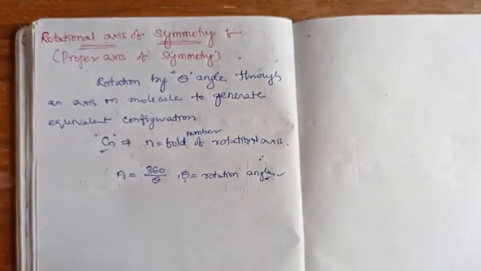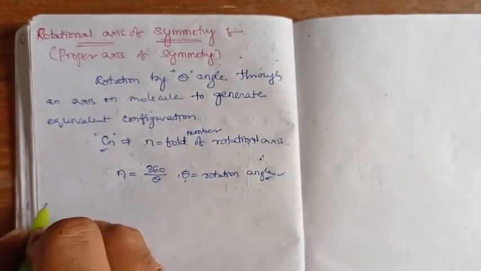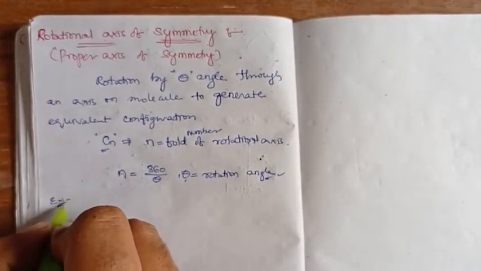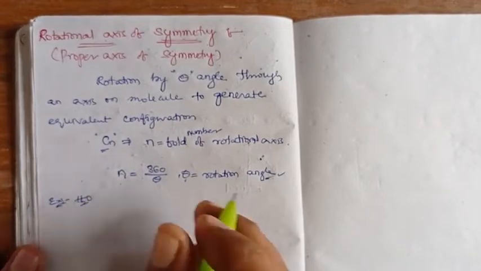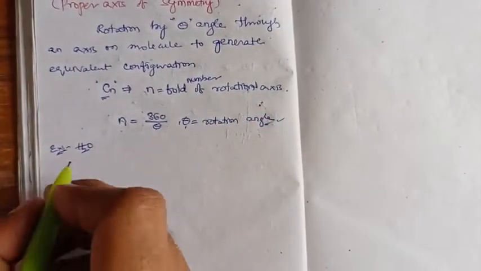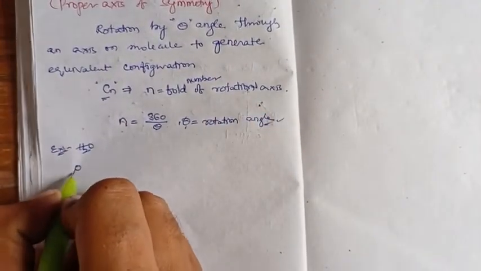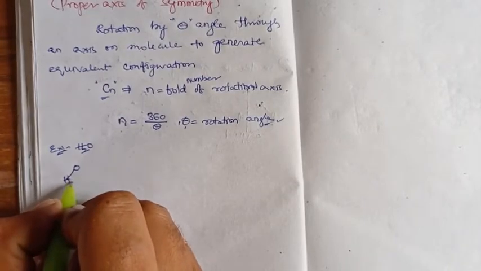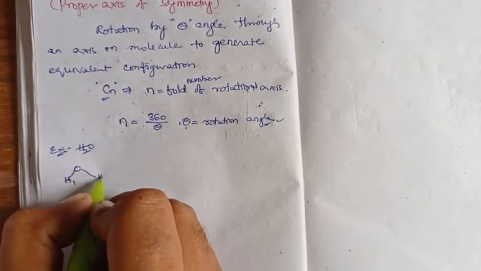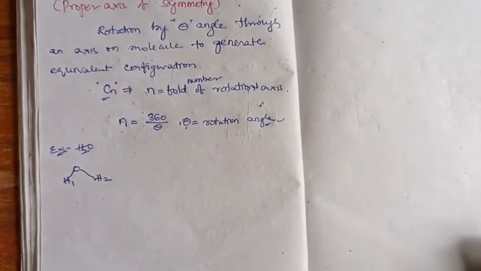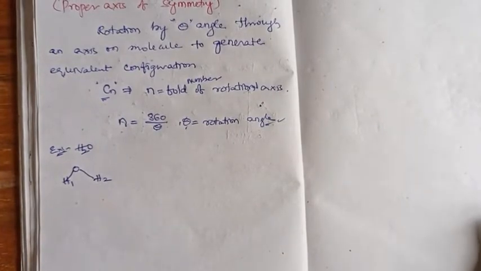Okay, so now we do the rotation on the water molecule, right? To do rotation on the water molecule, we should know the exact structure and stereochemistry of the water molecule.